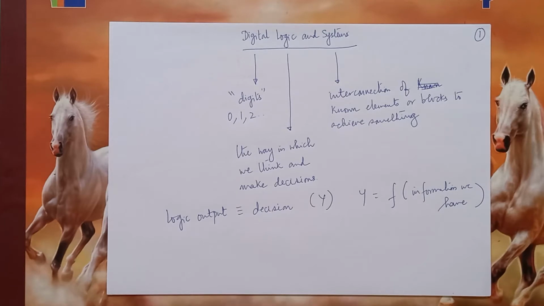Now, obviously, the parents have to take this decision in a very well thought out and a logical manner. So therefore, they set some conditions for the child. In other words, they give the child some information, or the information that the parents themselves will have.